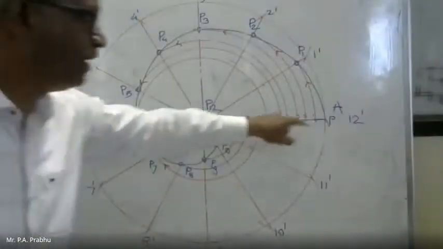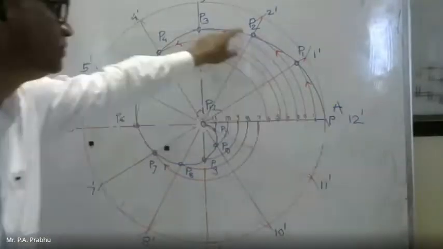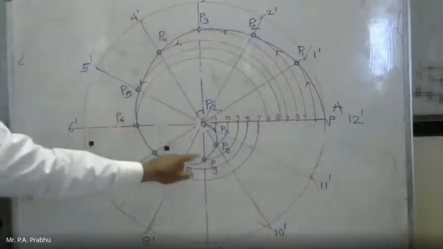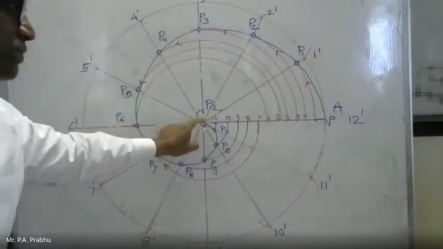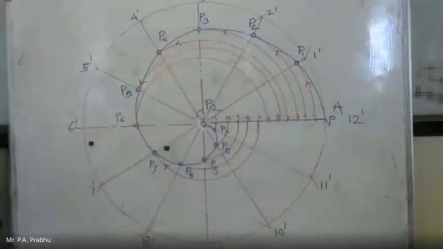So my point moves like this one, and the last position will be the end of the string. So this is the Archimedean spiral curve.